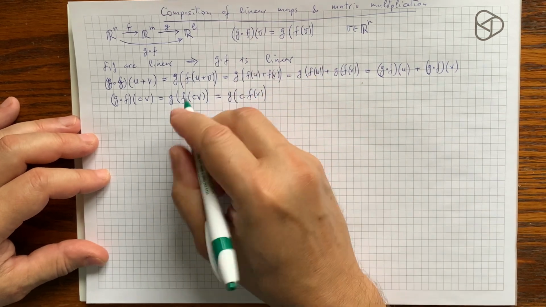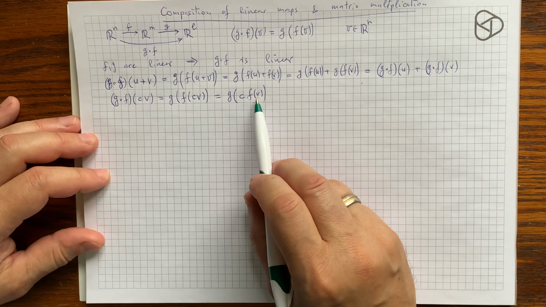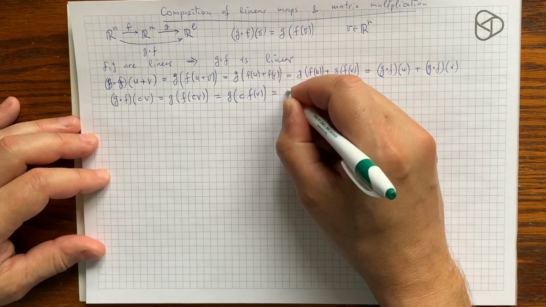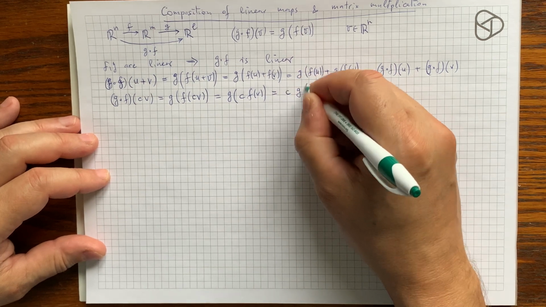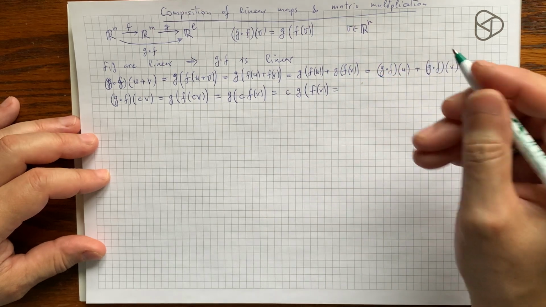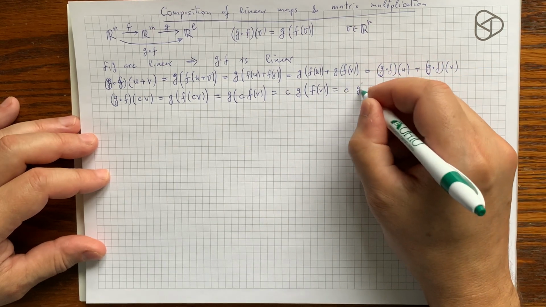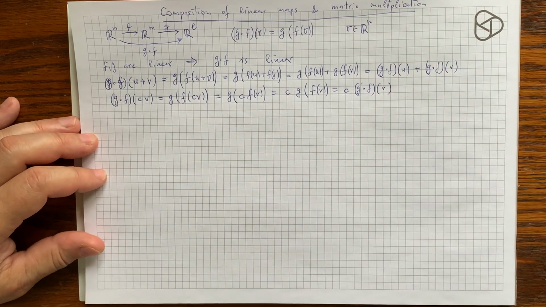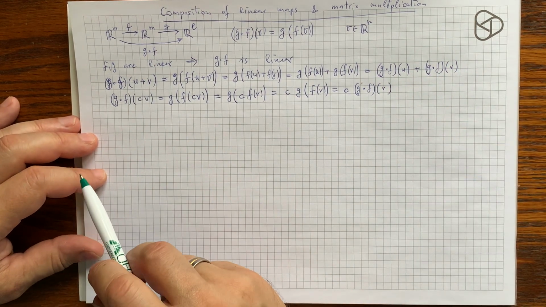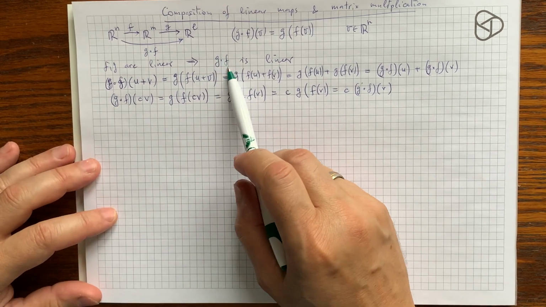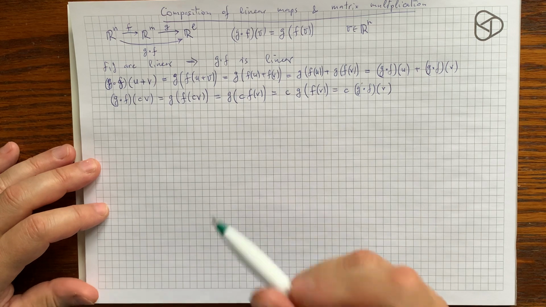And we can rewrite this value as the product of f on v and the scalar c. And then we can put c through g and have this answer, which is just scaling of the value of the composite on the same v. So both properties hold, and it is linear. We proved it. And since this is a linear map now, we can compute its matrix.